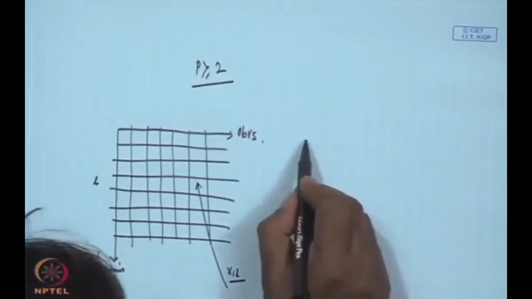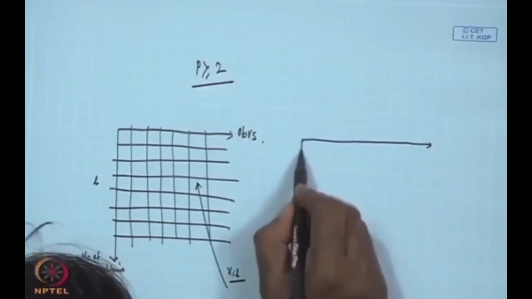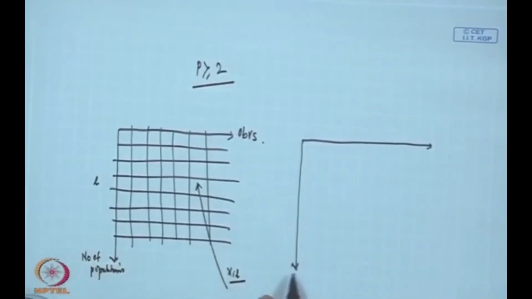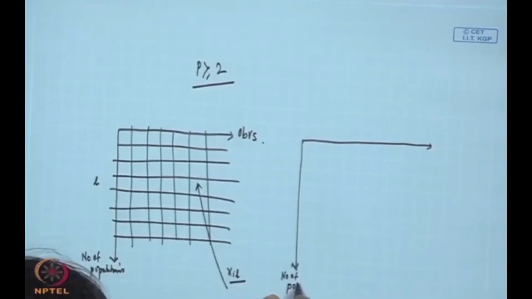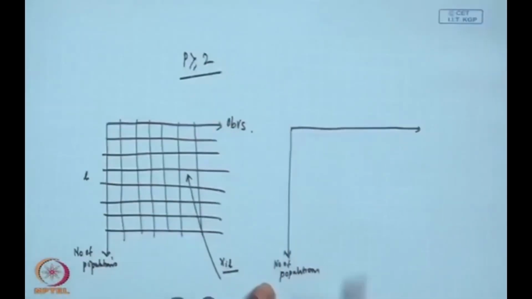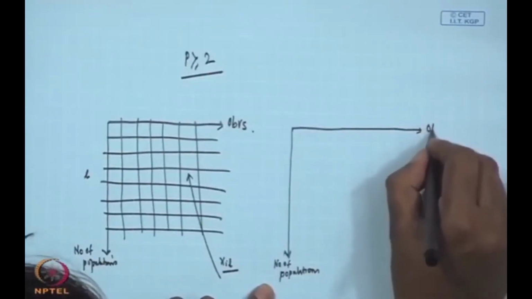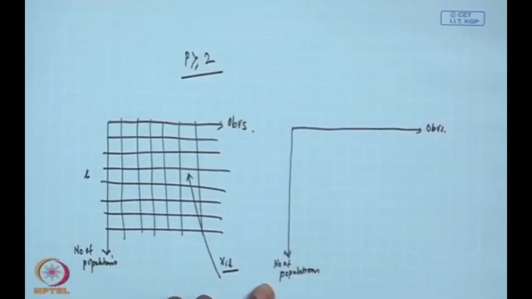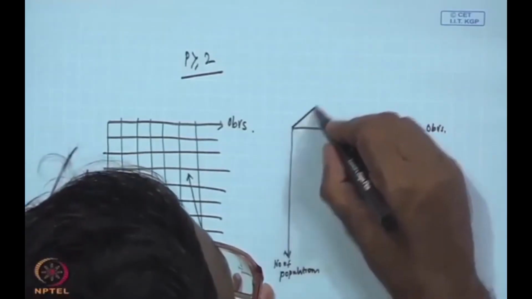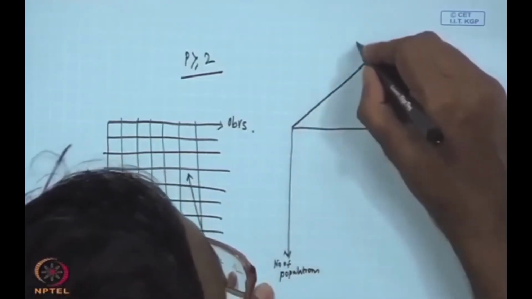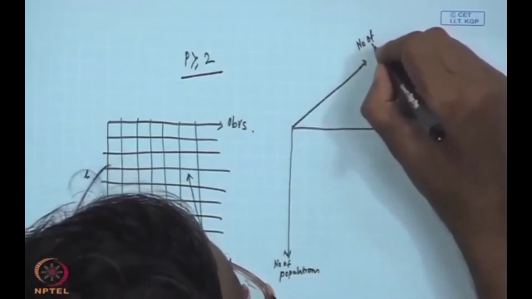Now, in case of MANOVA, this side is populations in the same manner, and this side is the number of observations. Then we will add one more dimension, which is the number of variables.